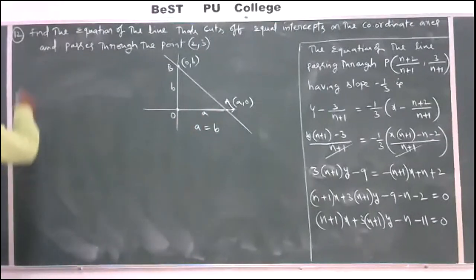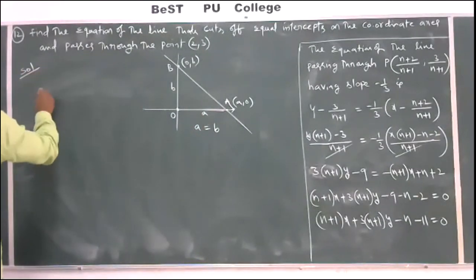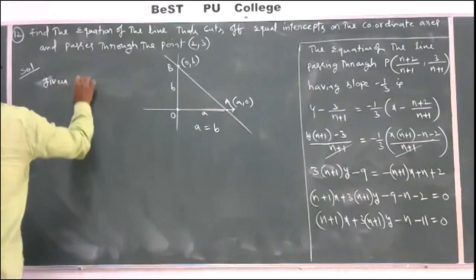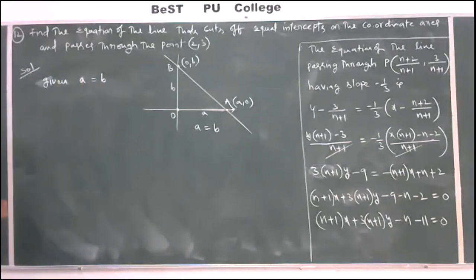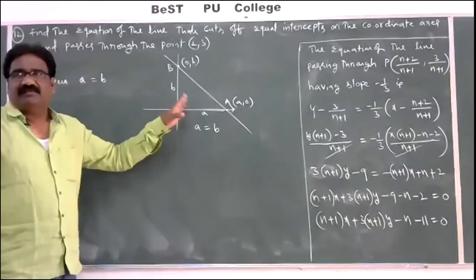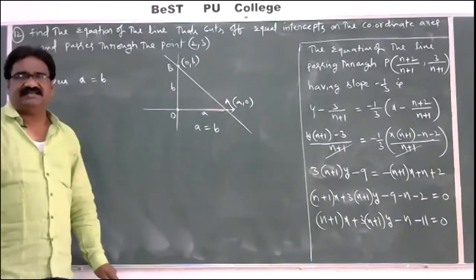So we know the intercept form. Solution: given a is equal to b. First draw this figure. Everyone must draw this figure in the right hand side.